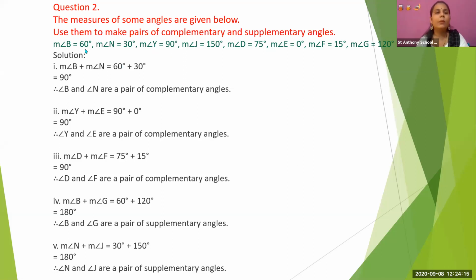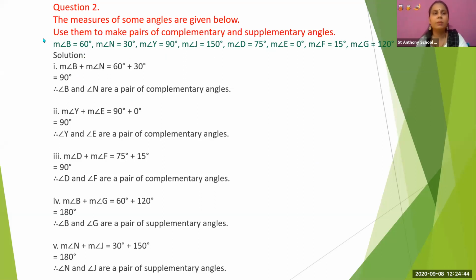Angle B is 60 degree, angle N is 30 degree, angle Y is 90 degree, angle J is 150 degree. Angle B, angle N, angle Y, angle J, angle D, angle E, angle F and angle G are given.